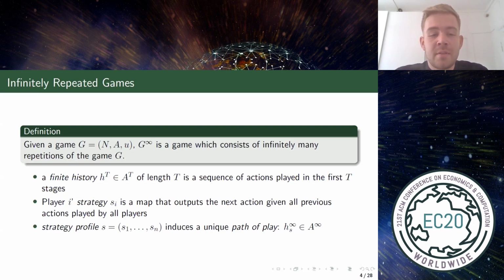We call a player i's strategy a map that outputs the next action played by player i given all previous stages played by all players. A strategy profile is a tuple of all player strategies, and it induces a unique path of play, which is an infinite sequence of action profiles.